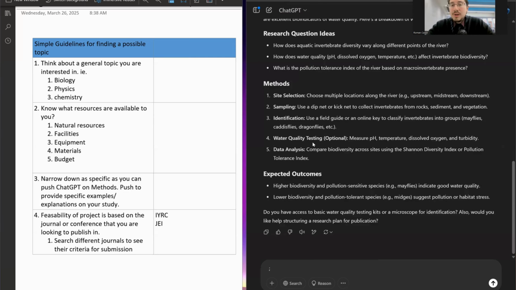And then water quality testing. And this is going to lead to my next point here on budget. What resources do you have available? Water quality testing could be, I strongly recommend if you do this type of study that you collect different forms of data.